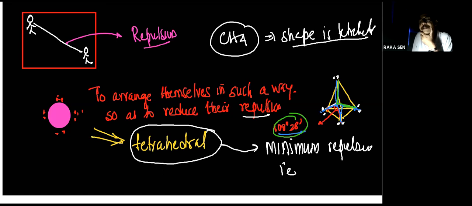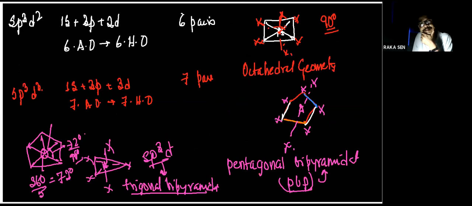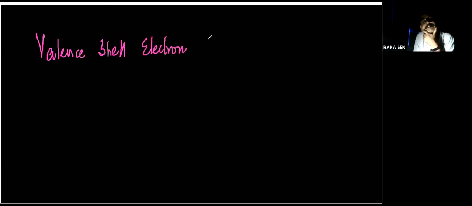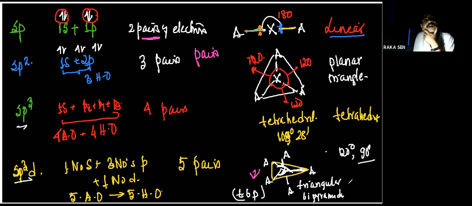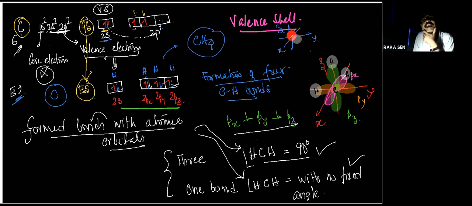So these shapes with their bond angles can be called valence shell electron pair repulsion theory. We have talked only about the valence shells, not the core shells.